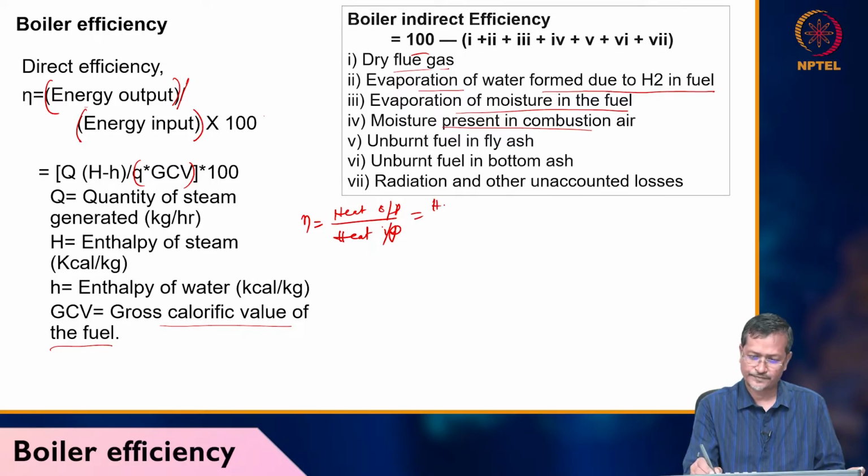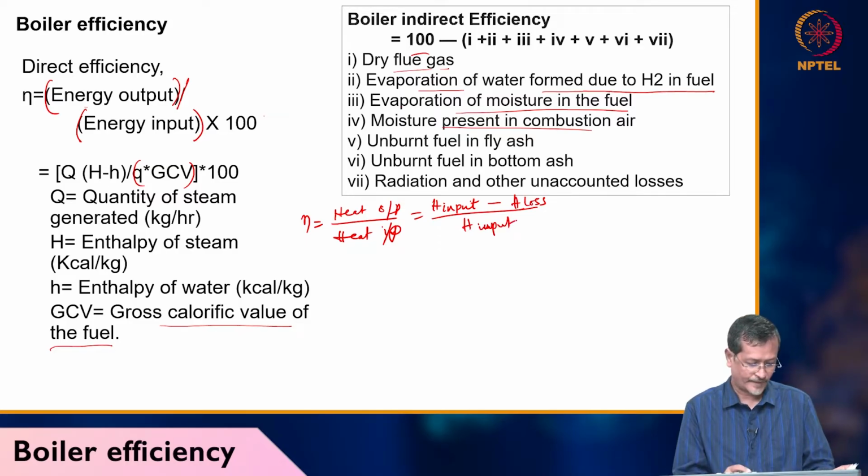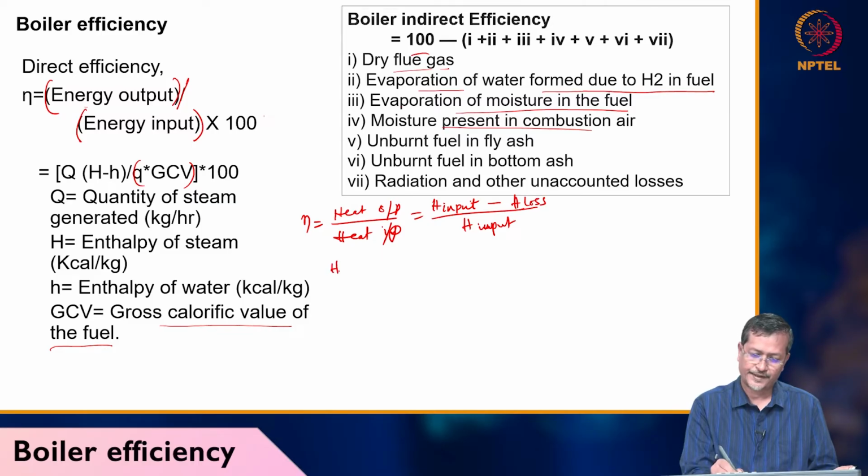So heat input minus heat loss, divided by heat input. Heat loss, H loss, equals Hg plus Hu.